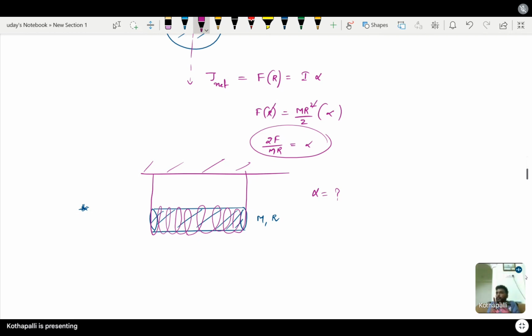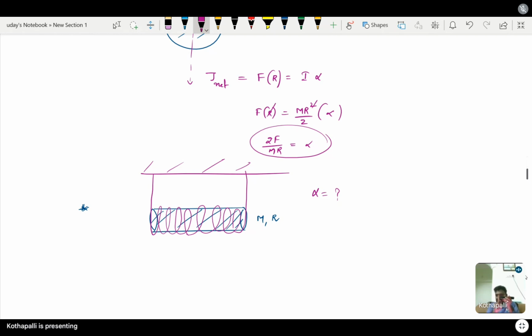About the string, it will rotate and come. So the string tension force. The string will be like this, right?